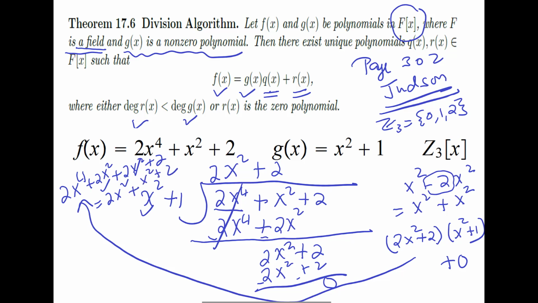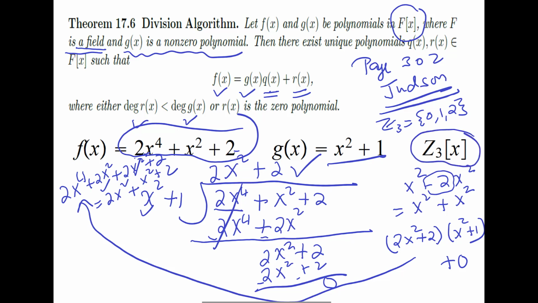And then we have plus 2. So here our quotient is 2x squared plus 2, remainder is 0, or in other words, this is a factor of this polynomial, as polynomials in Z3[x].